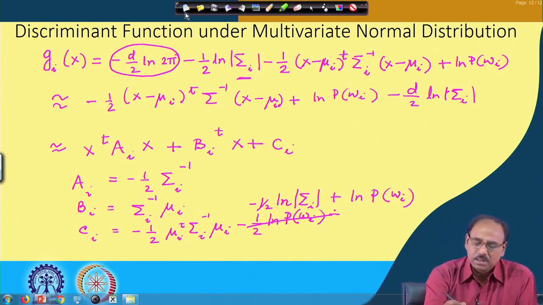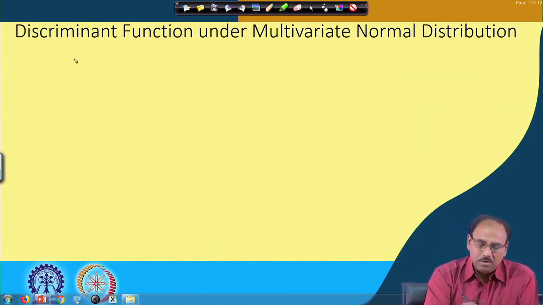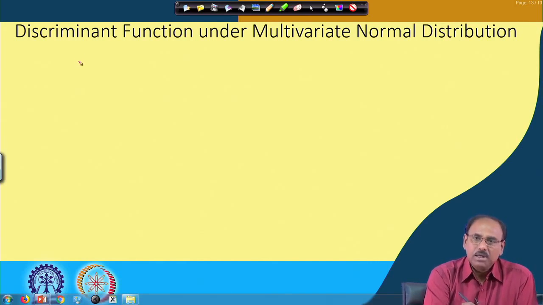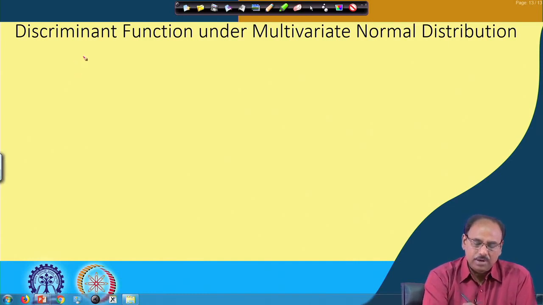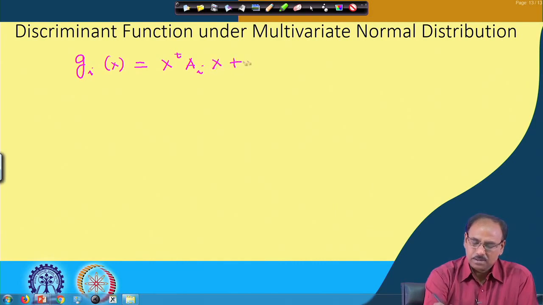And when I have such nonlinear discriminant functions, to find out the decision boundary between two classes omega_i and omega_j, now it is difficult to simplify, unlike in the previous case. So, now what I have to do is find out g_i(x), which, as we have seen, will be x transpose A_i x plus b_i transpose x plus c_i.